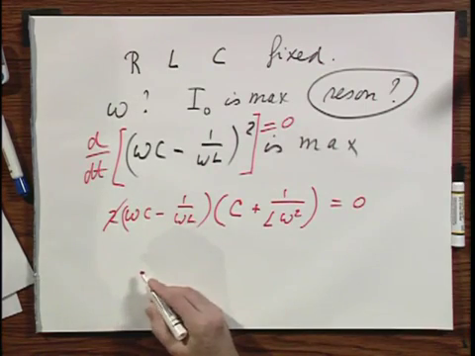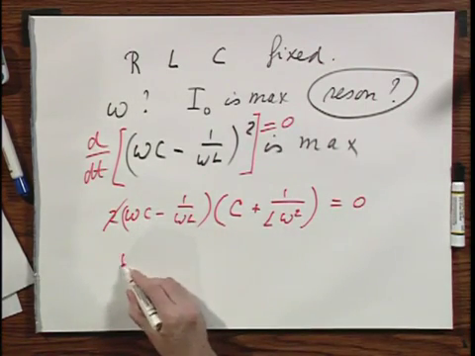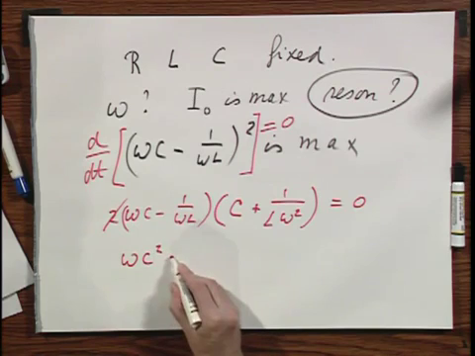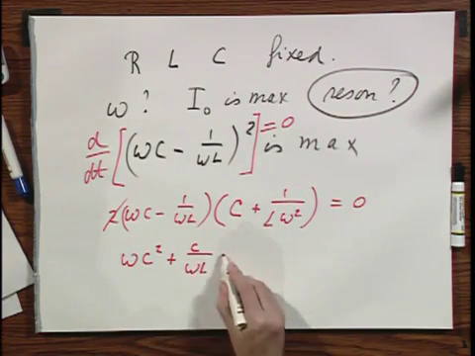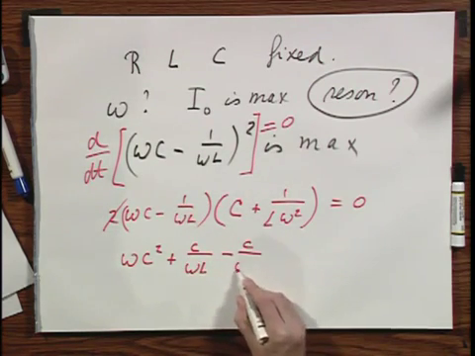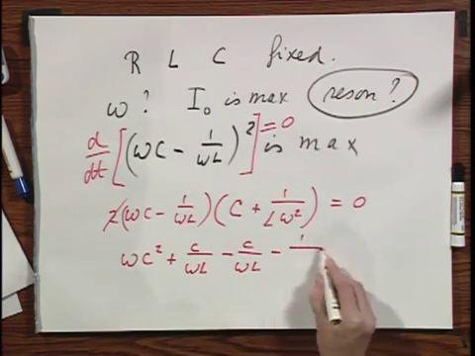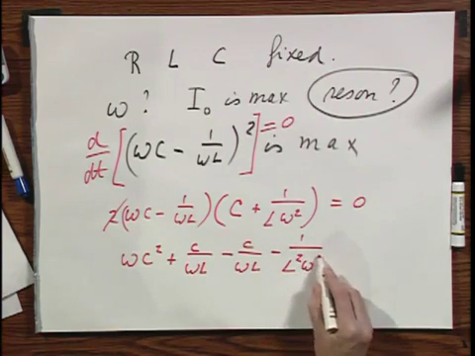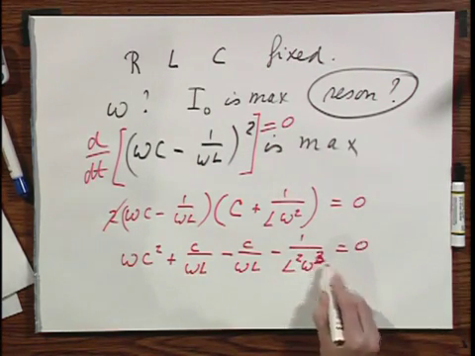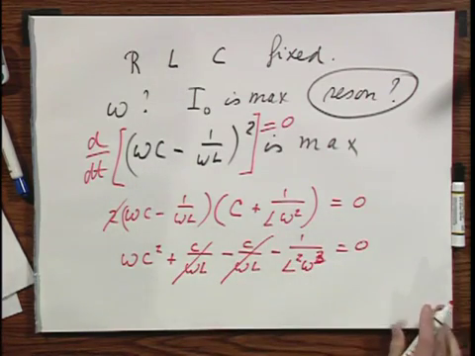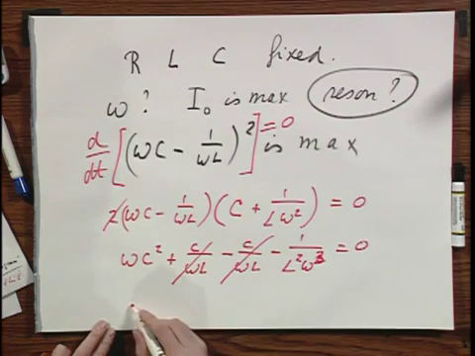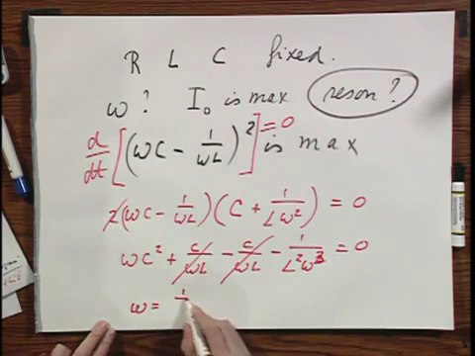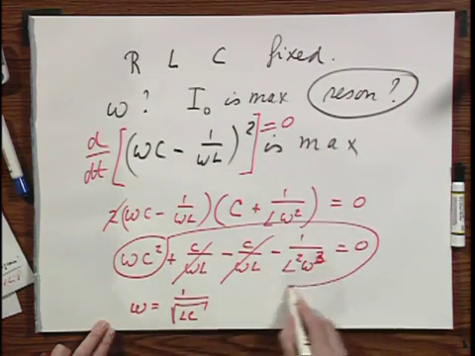I lose the 2, and I multiply this out. So I get ωC squared plus C divided by ωL minus C divided by ωL minus 1 divided by L squared ω to the third, and that is 0. And these two cancel out. And what do I find? I find that ω equals 1 over the square root of LC if you solve this equation.